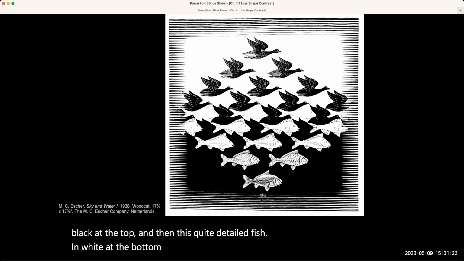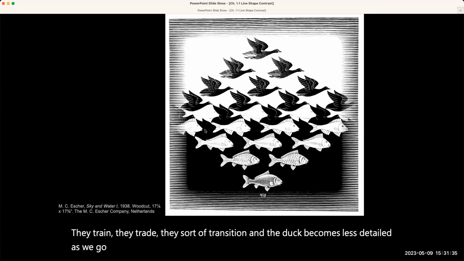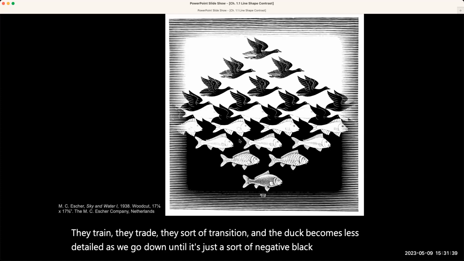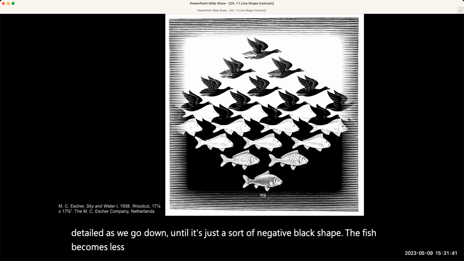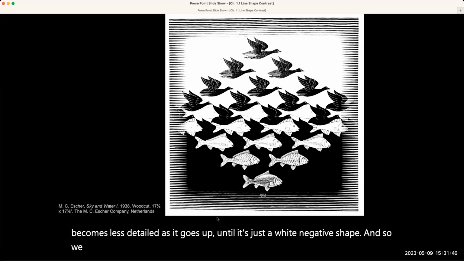But then as we move towards the middle, they sort of transition, and the duck becomes less detailed as we go down until it's just a negative black shape. The fish becomes less detailed as it goes up until it's just a white negative shape. And so we have this transition.